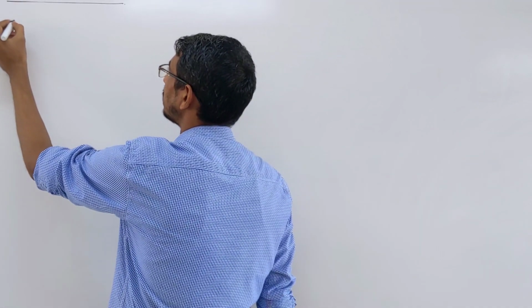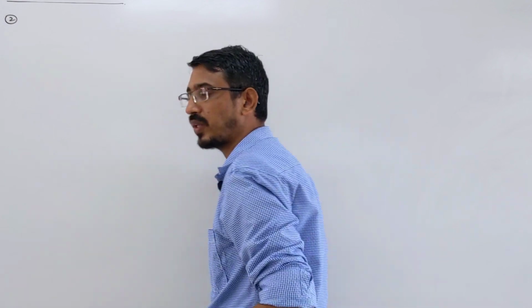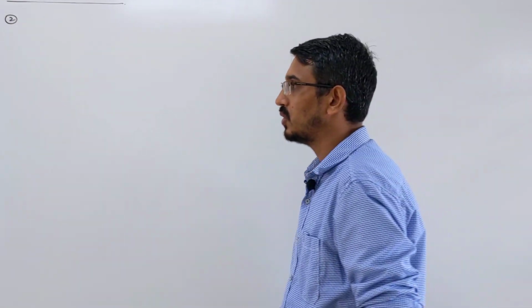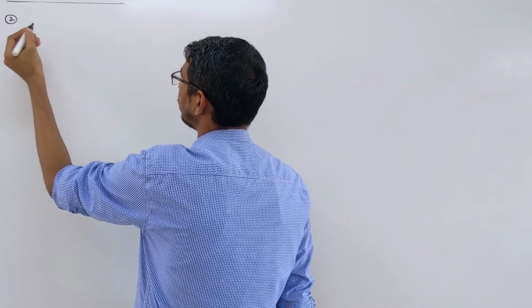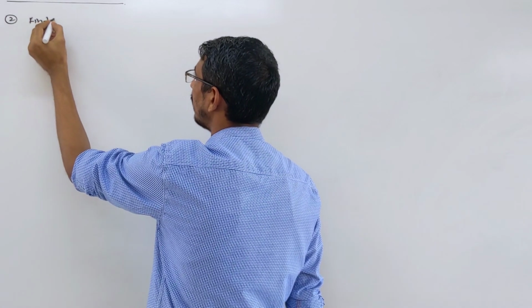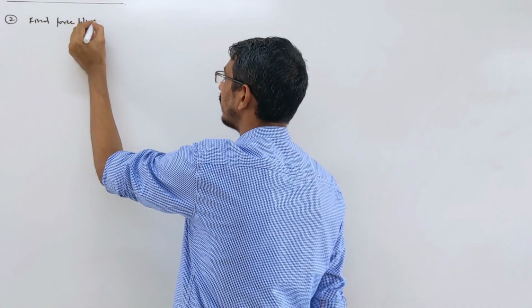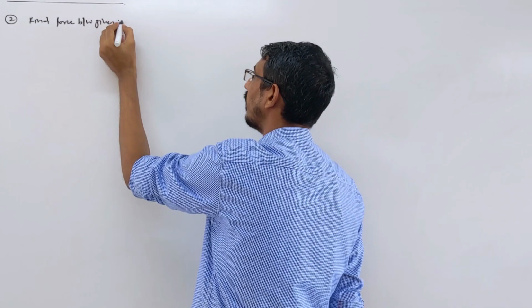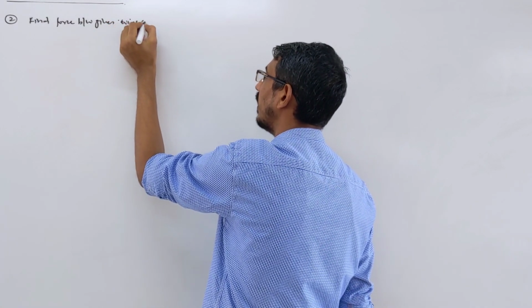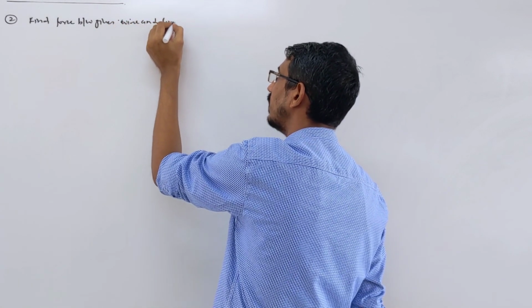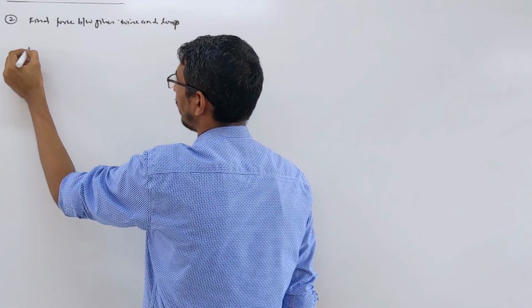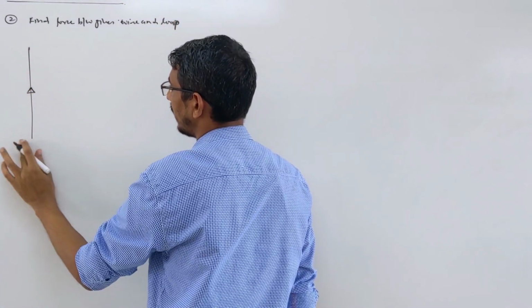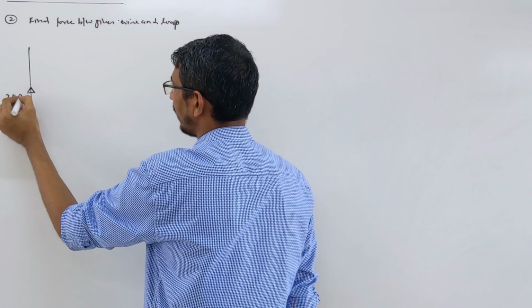Okay, we'll see a few more questions based on this wire, force between parallel wires. Once they have asked a question like this, find force between a given wire and loop. It was asked something like this: one straight long wire was given, carrying some current, let's say 20 ampere.